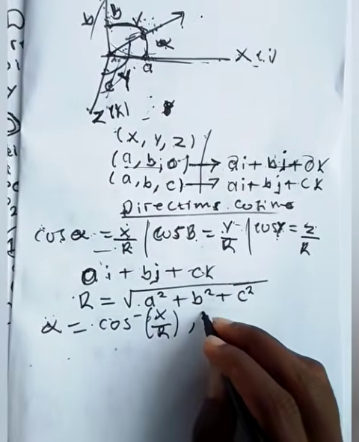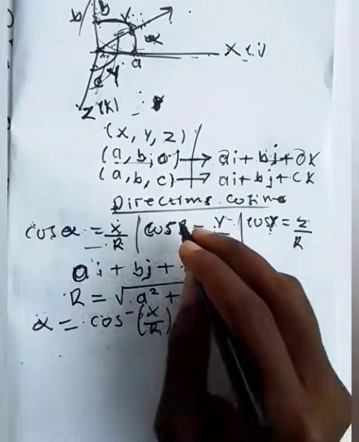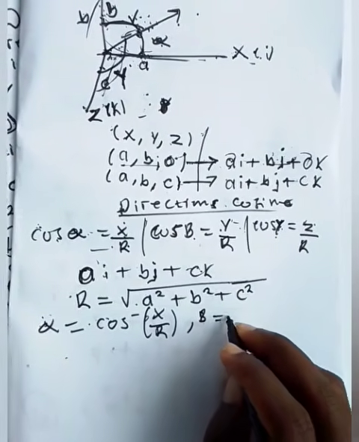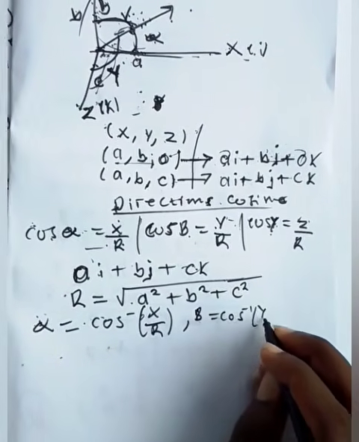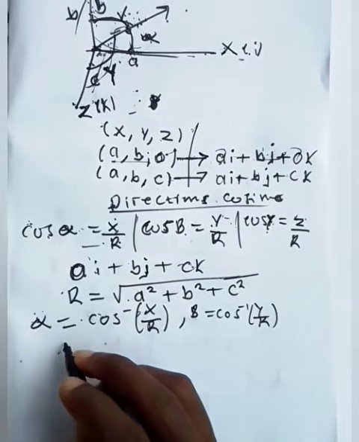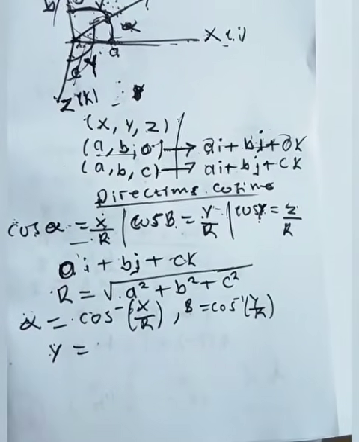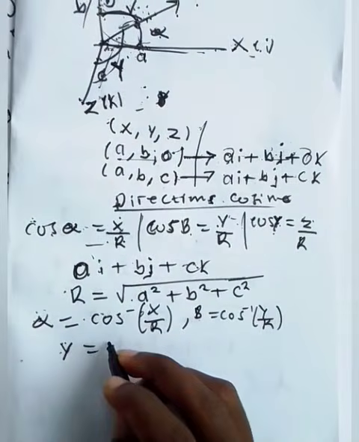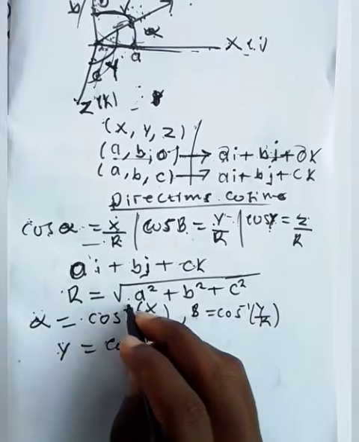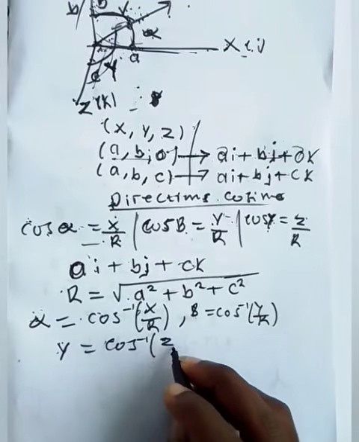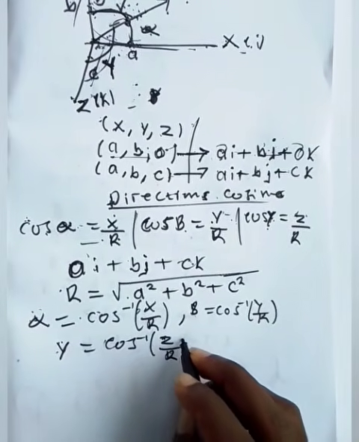And for beta, it's going to be cos inverse y over r. And then for this one, which is gamma, I'm forgetting the name. So cos inverse, this is inverse. You know how to find the angle, right? Cos inverse z over r.